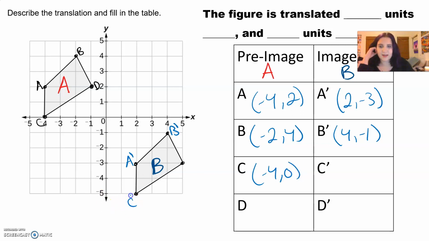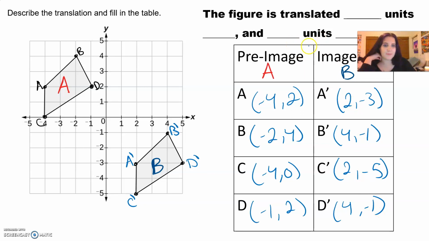And point C prime on the image is 2, -5. And finally, point D on the pre-image is -1, 2. And D prime on the image is 4, -1.